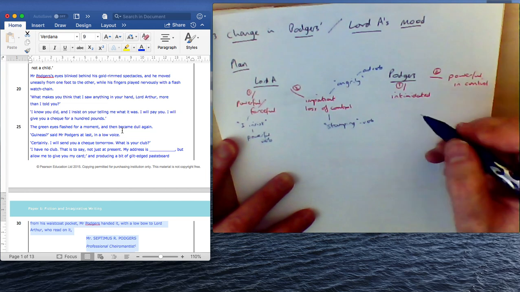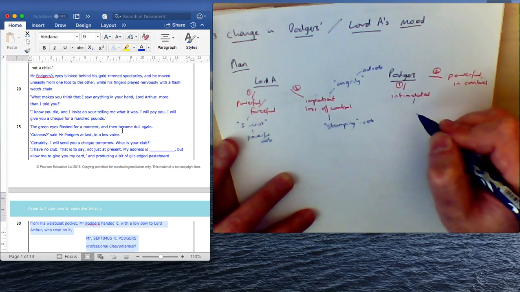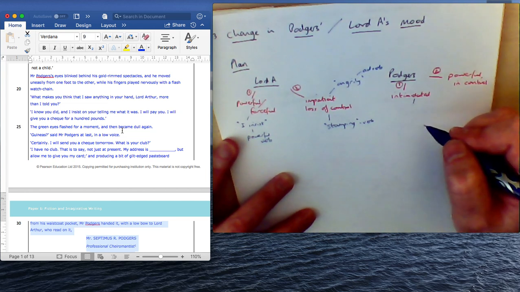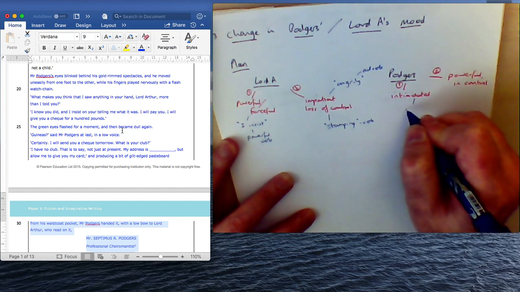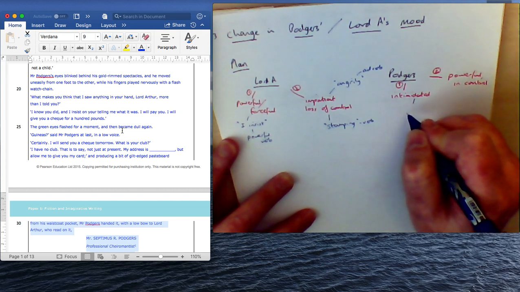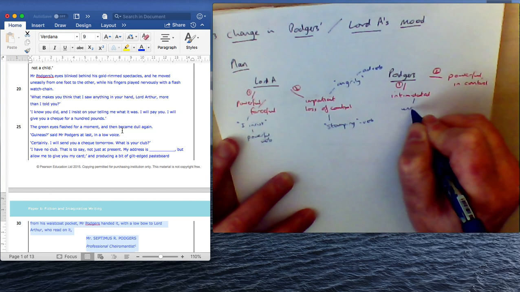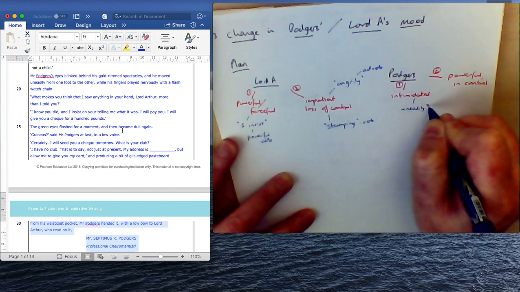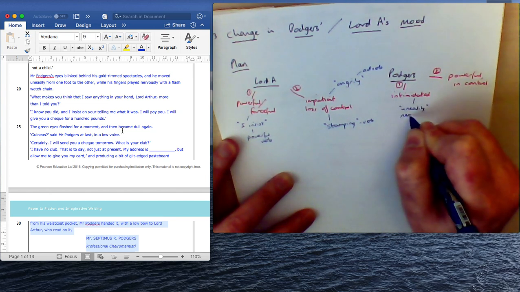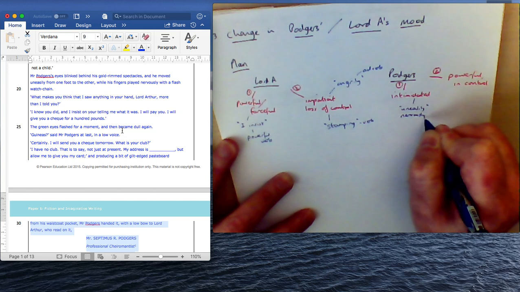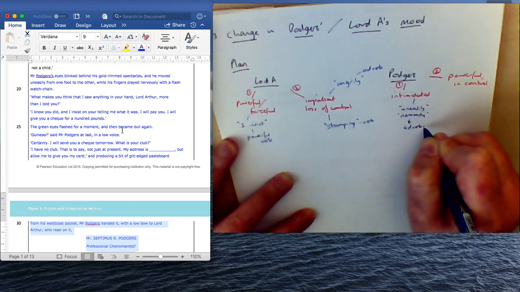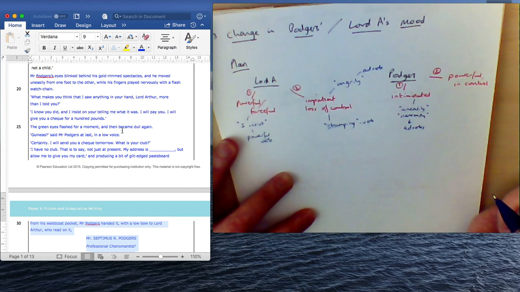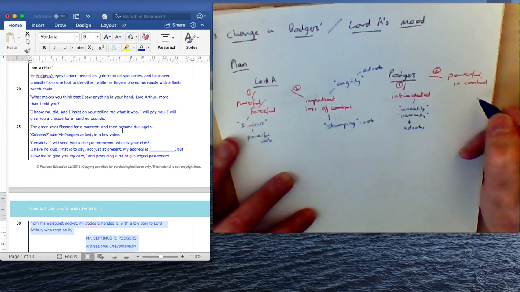I'm going to follow a similar pattern with Podgers. At the beginning, he appears to be intimidated, and so you've got some adverbs here: uneasily and nervously. Those are adverbs that show his mood at the beginning of the extract.